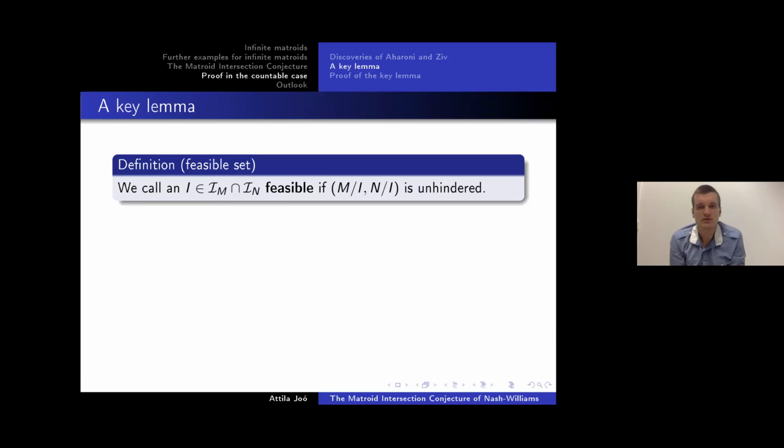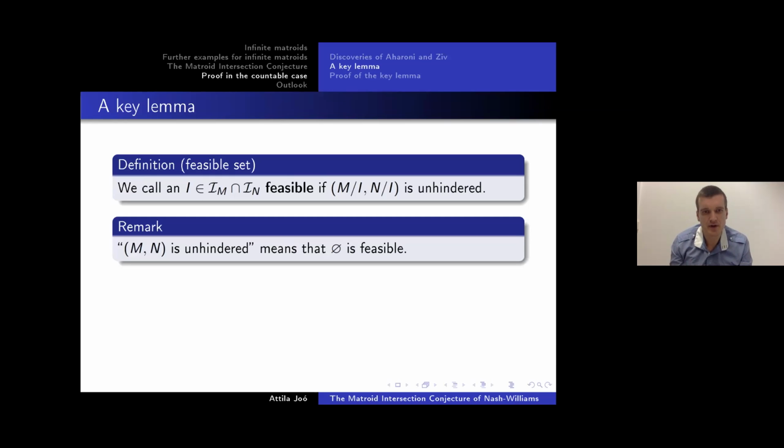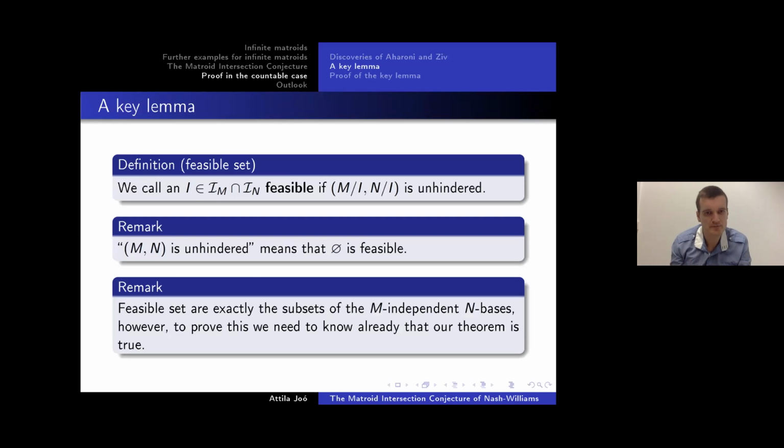So let's call a common independent set of the two matroids feasible if, after contracting this common independent set in both matroids, the resulting pair is unhindered. The original pair is unhindered, which means that the empty set is feasible. It's just a small remark.